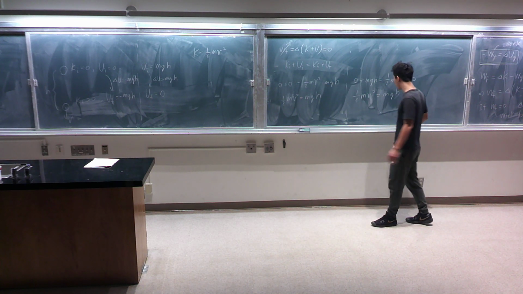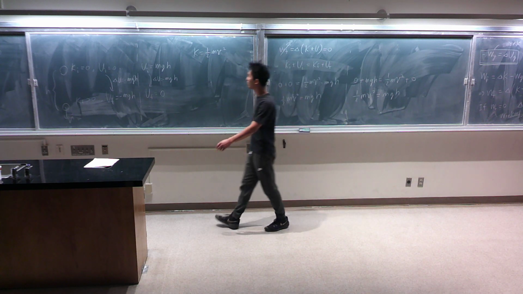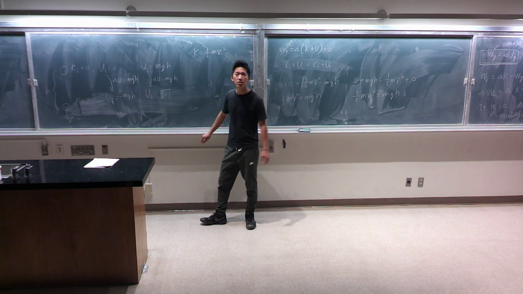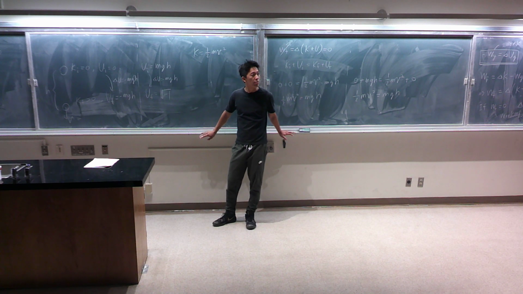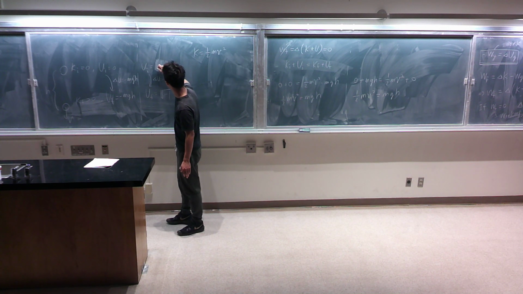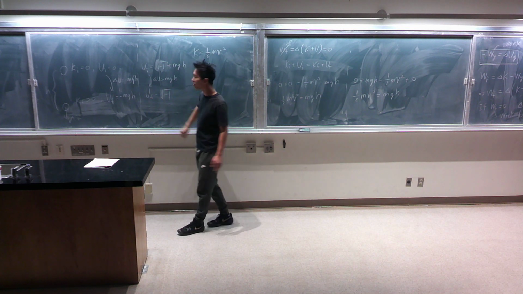I can even say the potential energy down here is square root of minus 1. You guys learned imaginary numbers before? Good. I can say potential energy down here is imaginary. Then the potential energy up here must be mgh higher. So it's a complex number. It's square root of minus 1 plus mgh.